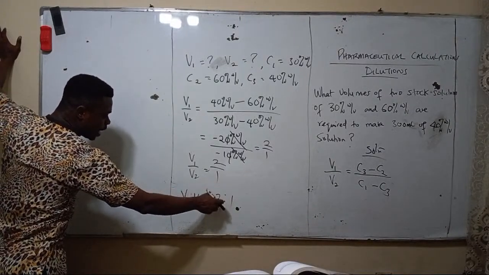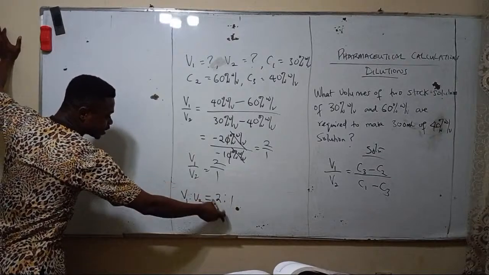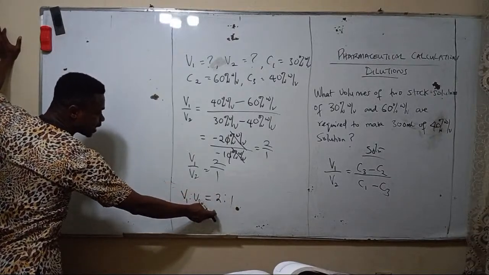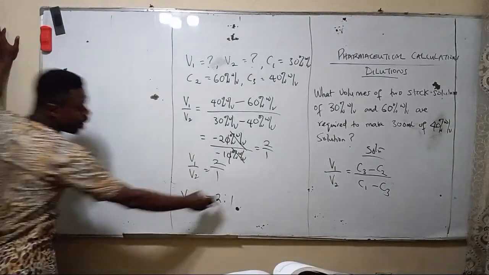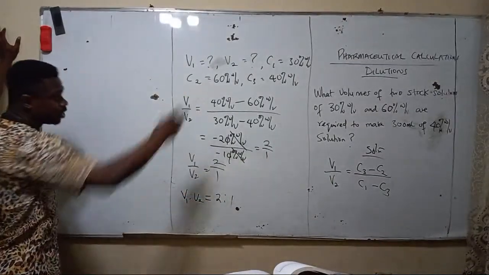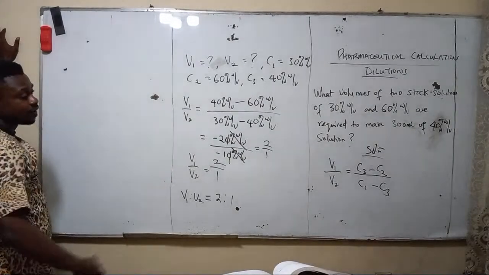The proportion of V1 in this sum is 2, so 2 over 3 times 300 will give you the value of V1. Then 1 over 3 times 300 will give you the value of V2.